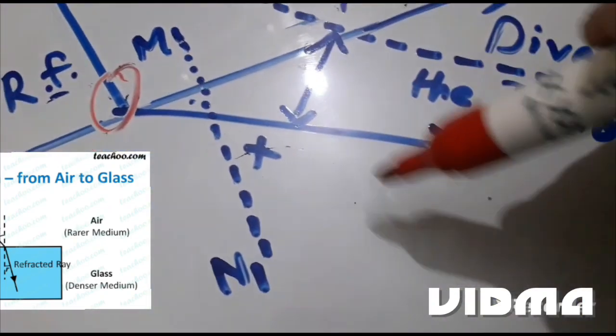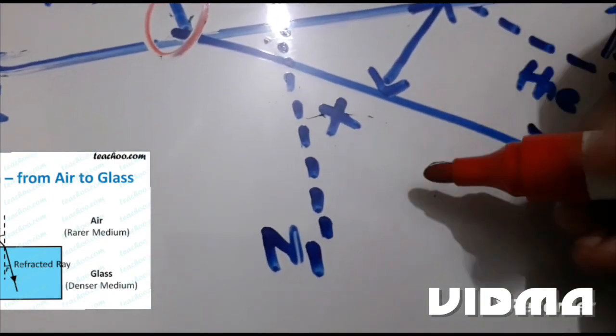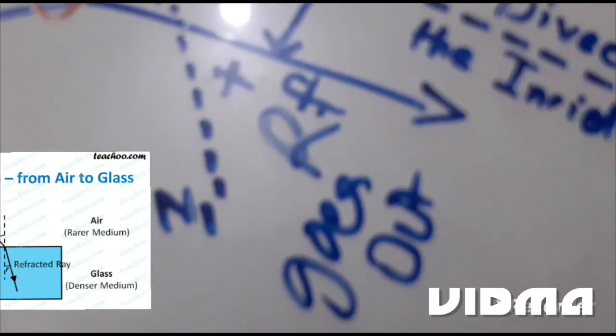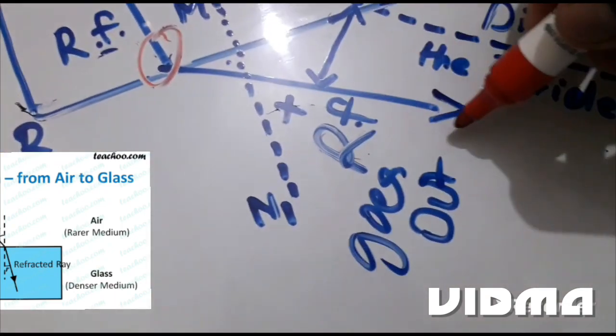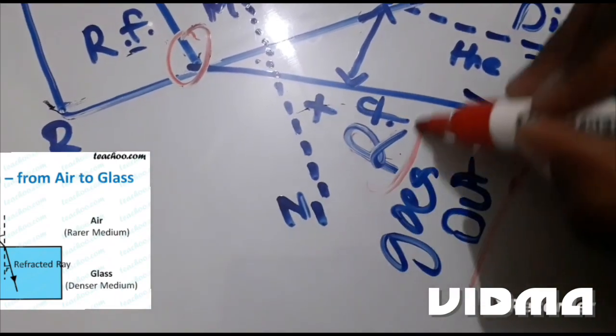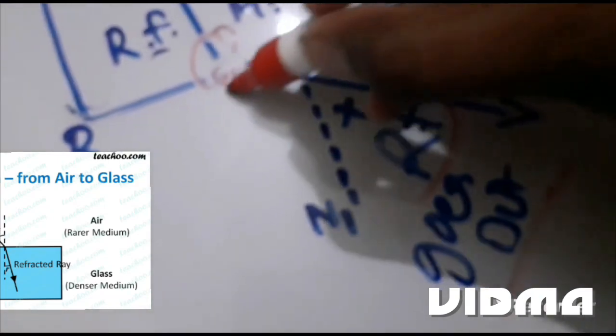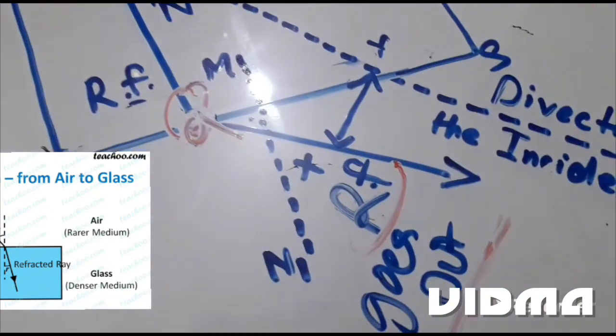This is the reflected ray which goes out, which I have written as RF. After touching the surface of the glass box, it goes out.